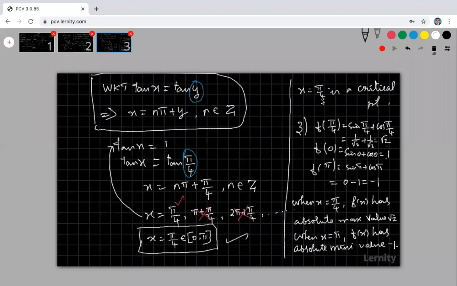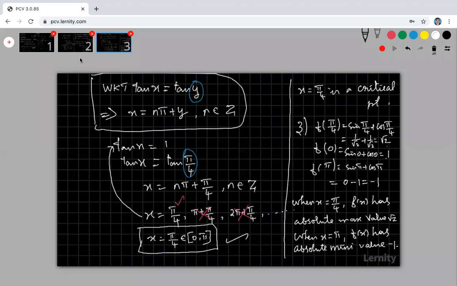But here, x equal to pi by 4 is a critical point, and I am getting a maximum. My f of pi by 4 is equal to root 2, more than 1, 1.414. I am getting the absolute maximum at this critical point.